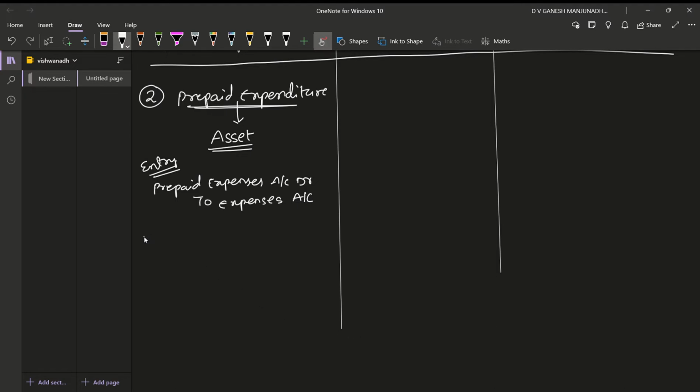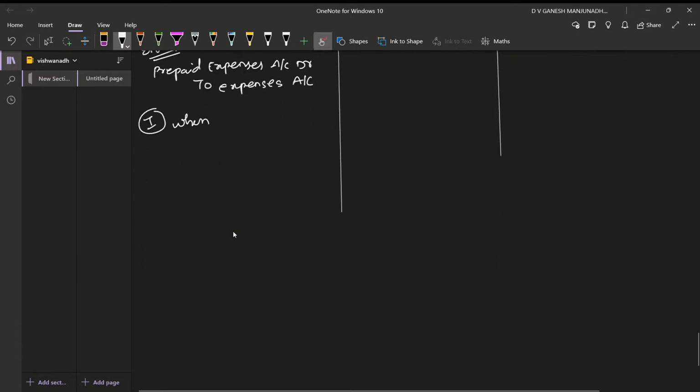Now also the same thing: when it is given in adjustments, we are going to have two impacts. When it is given in trial balance, we are having only one impact, single impact.